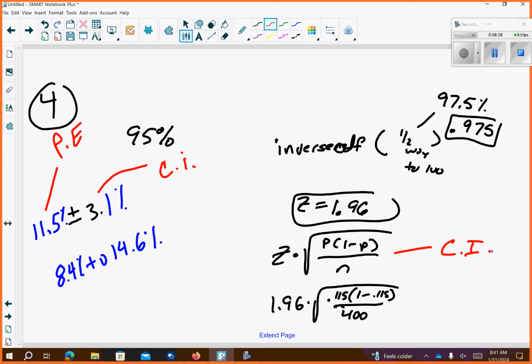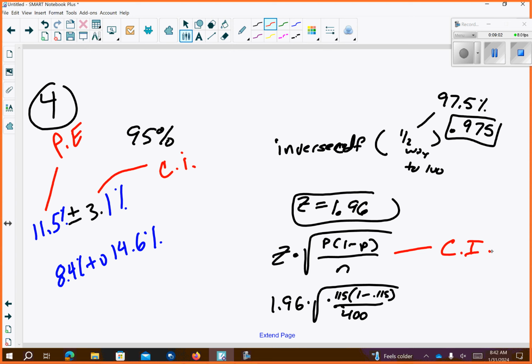we are 95% confident that if we went out and sampled another 400 random U.S. people to test for this disease, that the 11.5% that we're trying to target will fall within the interval.